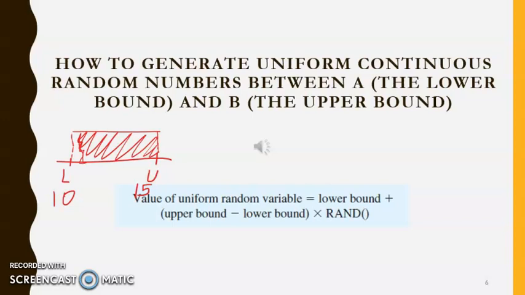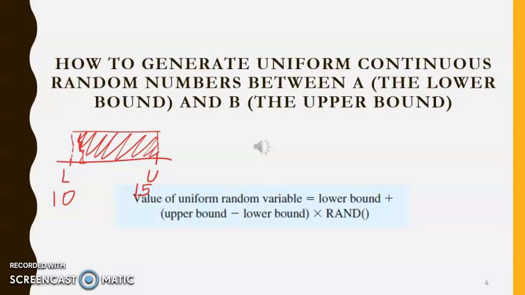Now you have the rand function, but the rand function gives you the uniform random number between 0 and 1. But in simulation cases, that uniform random number can be in any range. So we need a formula that gives us that range.